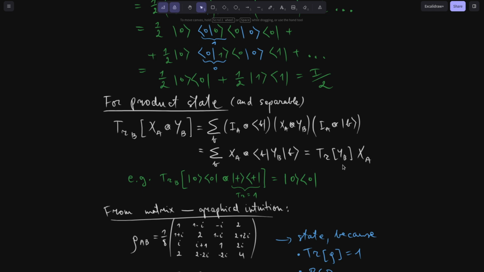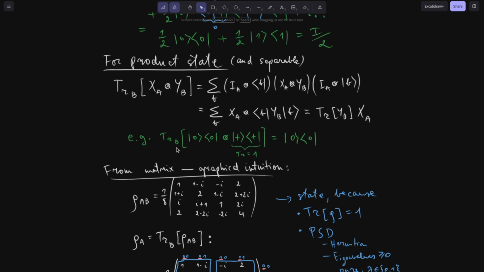A quantum state is a PSD operator, and also the trace should be 1. So this trace will always be 1. So as you can see, if we want to get the reduced state on the first system, the A system, we just trace out the B system, and it's just the first matrix, as we were intending.